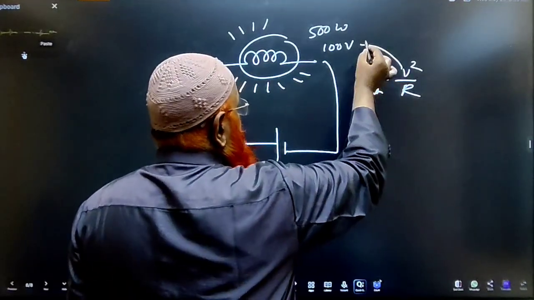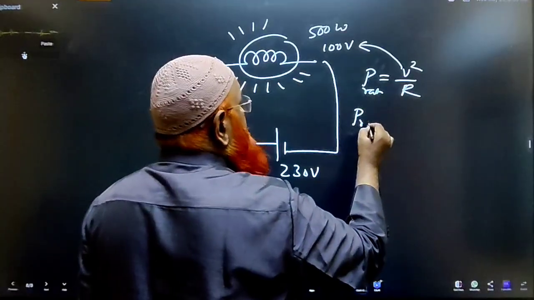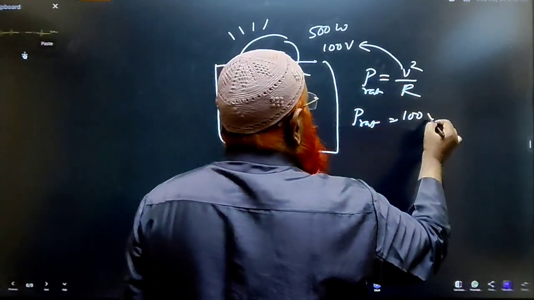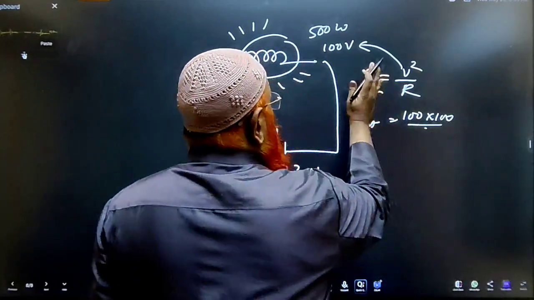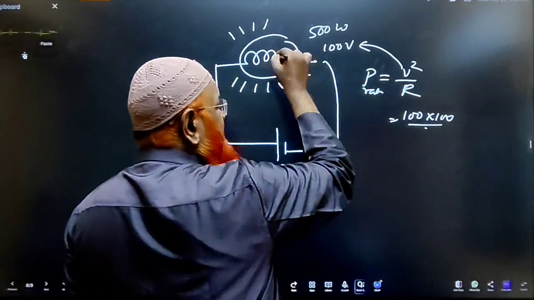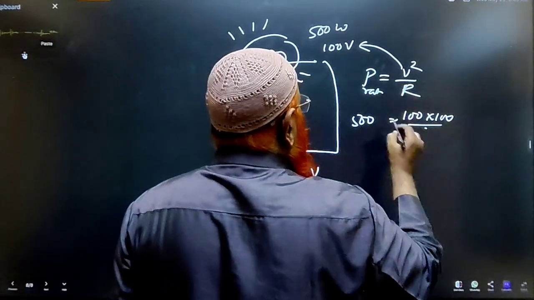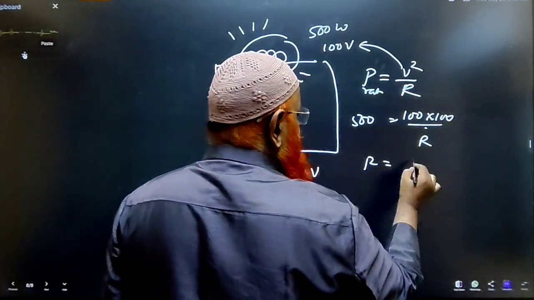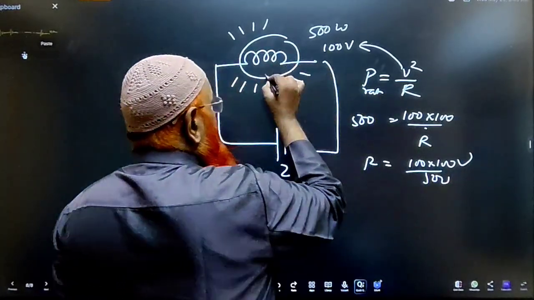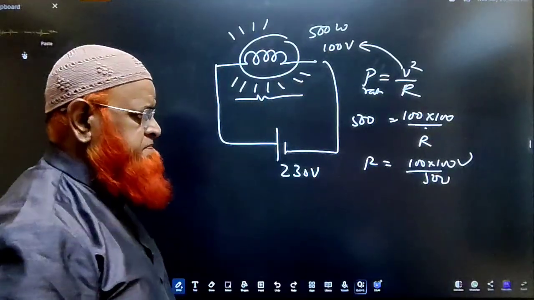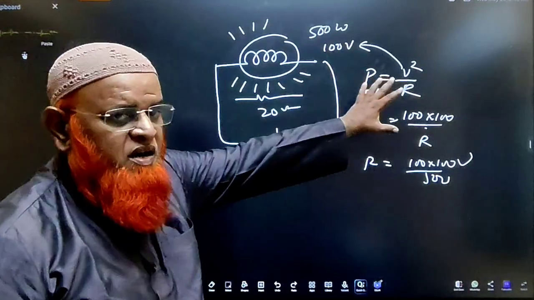Here for V you have to use the rated voltage. So 500 is equal to 100 into 100 divided by R. From this you will understand the resistance of the bulb. R we have to find out. So R is equal to 100 into 100 by 500. By using this formula you get the resistance across this bulb, which is going to be 20 ohms. So this is called power rated.